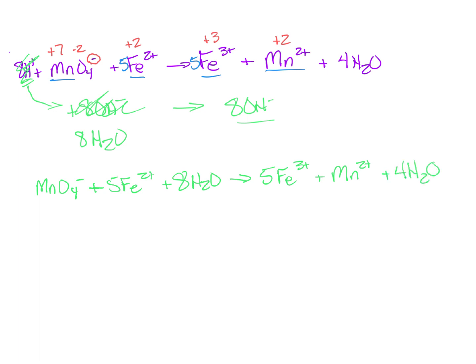Now the last thing you might notice is I actually have water on both sides, and that means I can get rid of some. So I can cross out these 4 waters on the right, and then I'm going to quickly just make this 8 a 4. And now this reaction is balanced for, oops, let me not forget this part. That would be bad. Plus my 8 hydroxides on the right. Now it is balanced for a basic solution.